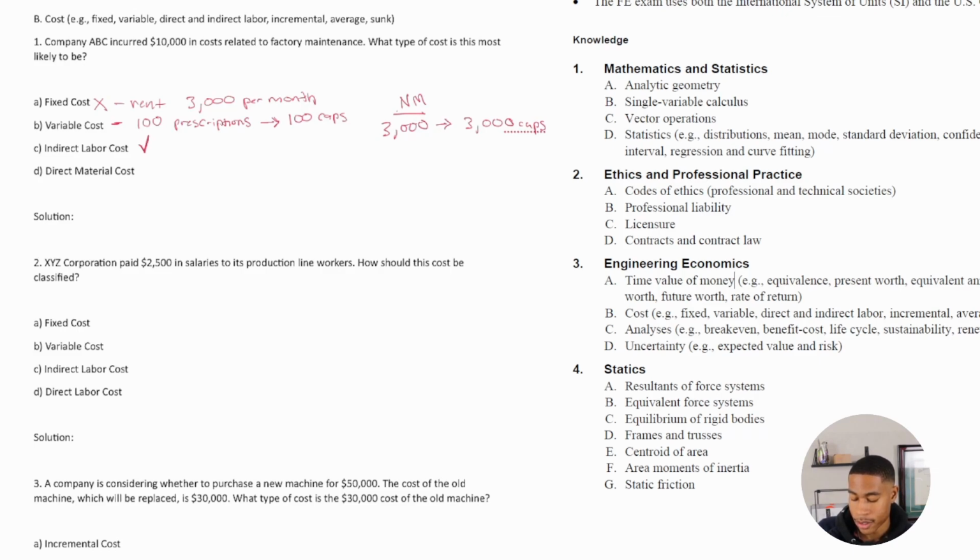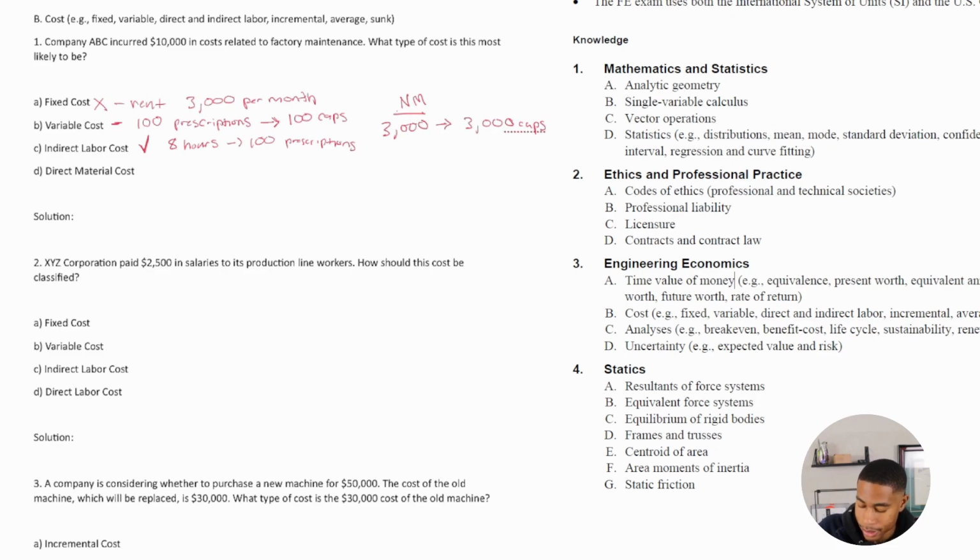When you have labor cost, it's associated to the product in a way where you're having to do some type of labor. So a direct labor cost would be somebody running an assembly line. If they stay for 8 hours, you know that they can put together 100 prescriptions.